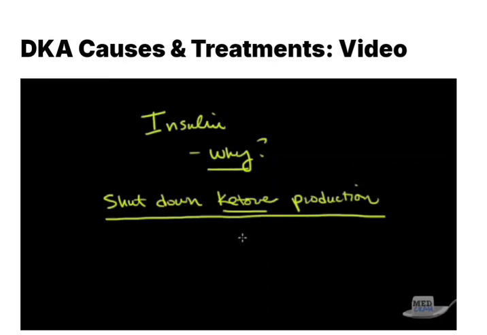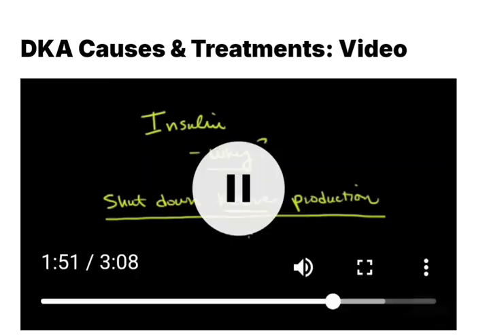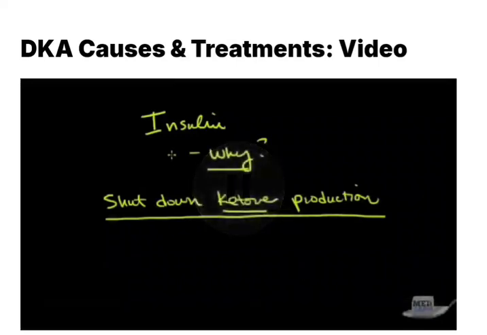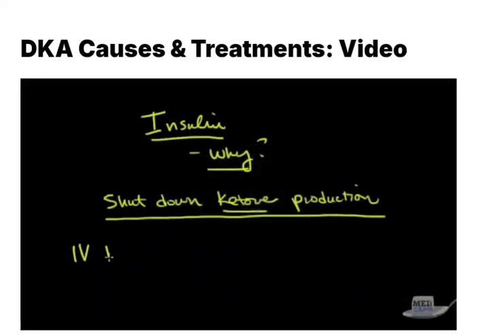So unless we have evidence that ketone production has been shut down, either through a beta-hydroxybutyrate level, which is undetectable, or an anion gap level, which is less than 12, we want to keep going with insulin. In fact, we use IV insulin at the beginning.